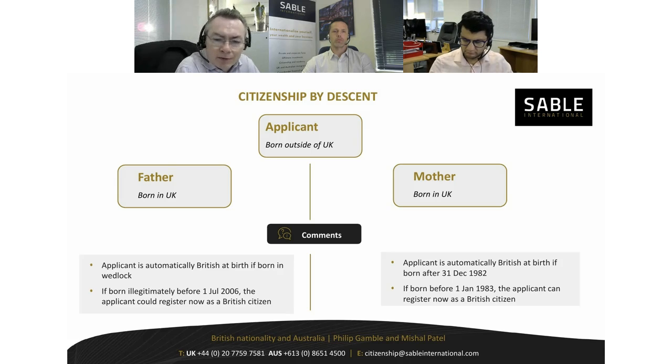So if you're born after the 1st of January 1983 and your mother was born in the UK, then you have a claim automatically to citizenship. If you were born before 1983, again, because the law at the time didn't allow you to claim because of, if you like, gender discrimination at that time, a formal application has to be made in the UK to acquire citizenship through registration now. So that's two areas of recent change, allowing more people to qualify.